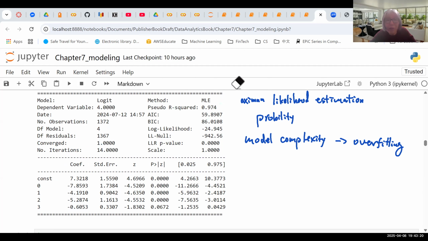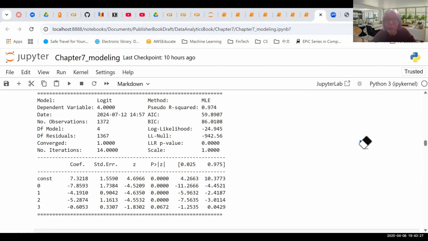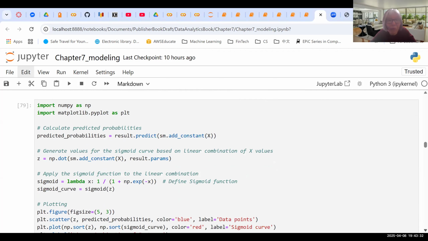So next, let's take a look at the machine learning model. Oh, before we move to the machine learning model, over here we also do some plotting regarding the model's prediction. The model can predict with a probability.